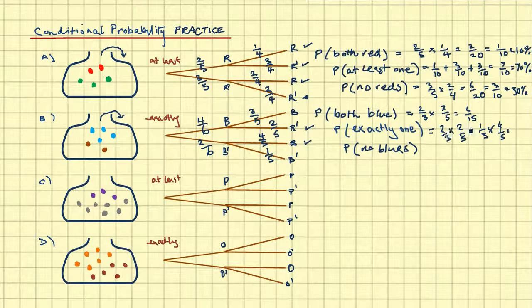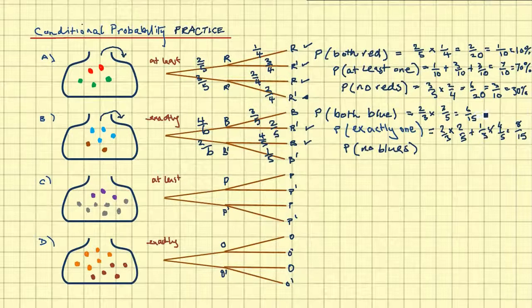So what have we got? 2 times 2 is 4, so we've got 4/15, and here we've got 1 times 4 is 4, so we've got 4/15 plus another 4/15, so that's 8/15. So our answer is 8/15.